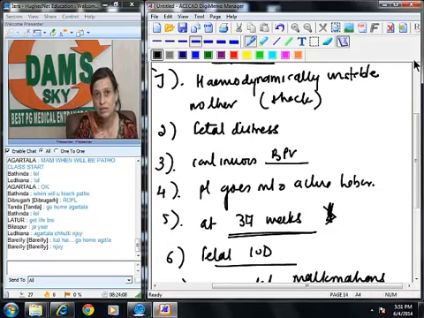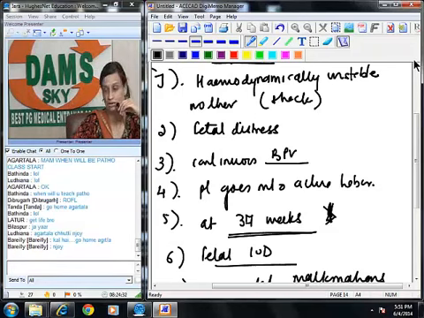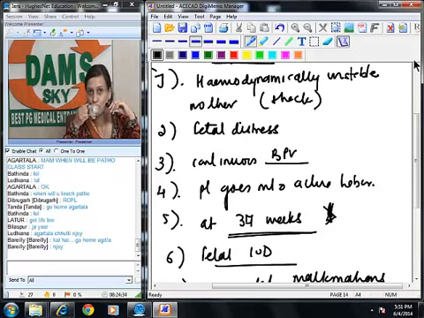So for example, if I ask you which of the following are indications for termination except, and the four options are going to be from this table, then which one are you going to choose?